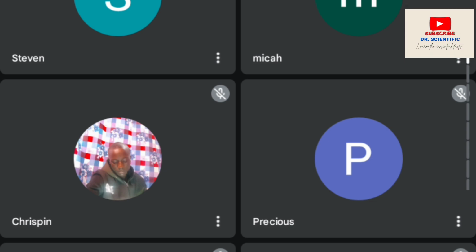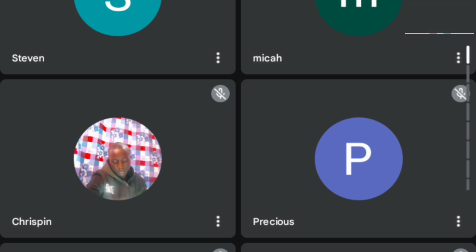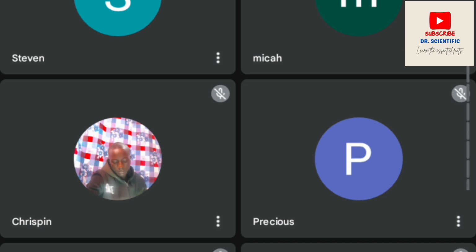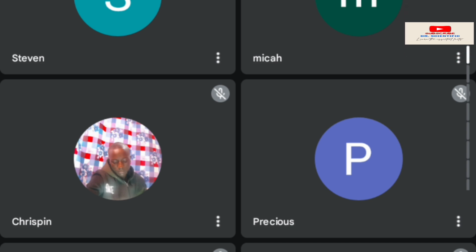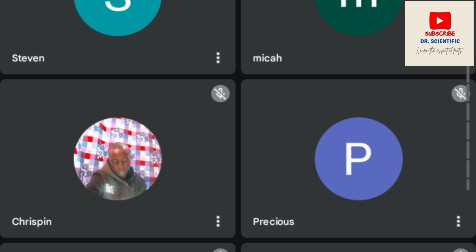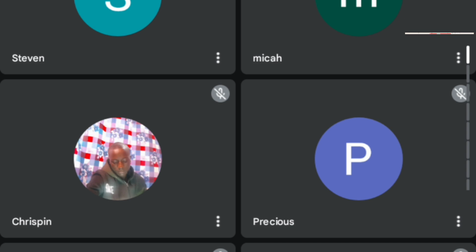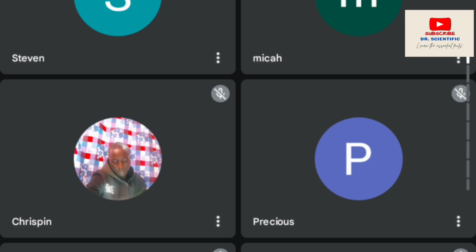Then we have the macrovascular complications, which affect the large blood vessels, like cardiovascular disease, where one has an increased risk of heart attacks, heart failure, atherosclerosis. We have the cerebrovascular disease, where there is an increased risk of now stroke or the transient ischemic attacks.